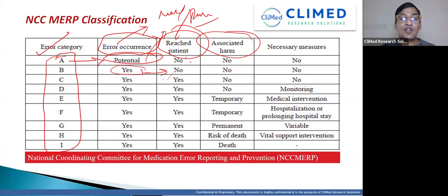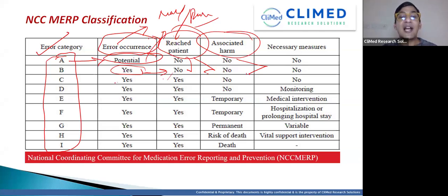When these do not reach the patient, there is no chance to harm the patient, and no measures are required from the doctor's side or the hospital's side. There is no need for monitoring, hospitalization, vital support, or any kind of treatment. So A and B are types of error which occur but do not reach the patient and are not associated with any harm.